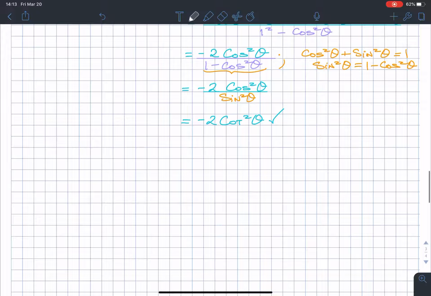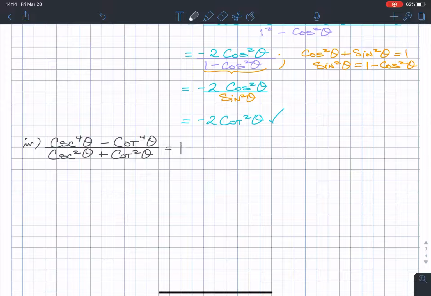Okay, so number 4. Let's prove or establish the identity. Let's do cosecant to the 4th of theta minus cotangent to the 4th of theta all over cosecant squared of theta plus cotangent squared of theta, and I claim that this is 1.